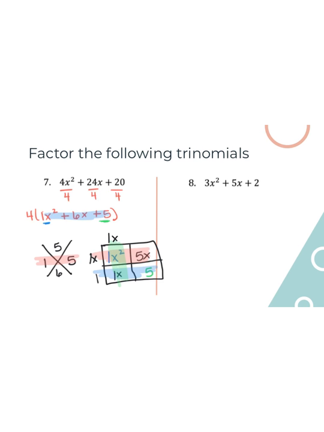And 5x and 5, I almost missed that, right? 5x and 5, they both have a 5 in them. Okay, so I'm going to write out my factors. 1x plus 5 and 1x plus 1.